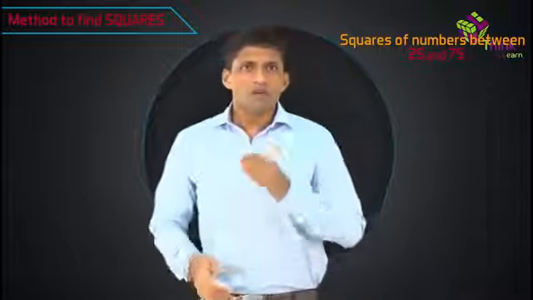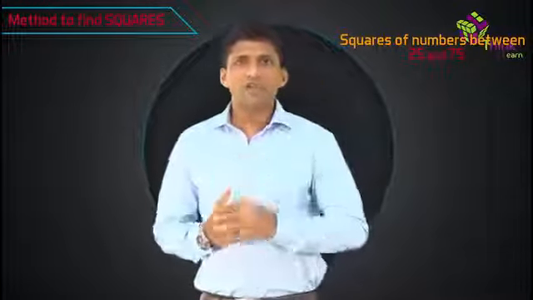So assuming that you know squares of numbers up to 25, how do we extend it from 25 to 75? The method is very simple. Listen carefully. To find squares of numbers between 25 and 75, let's take an example. If you want to find 41 square, what are we supposed to do?